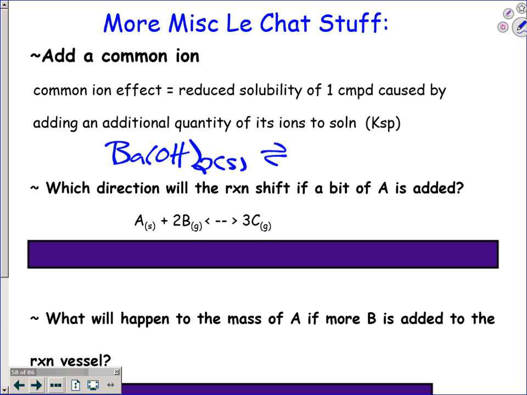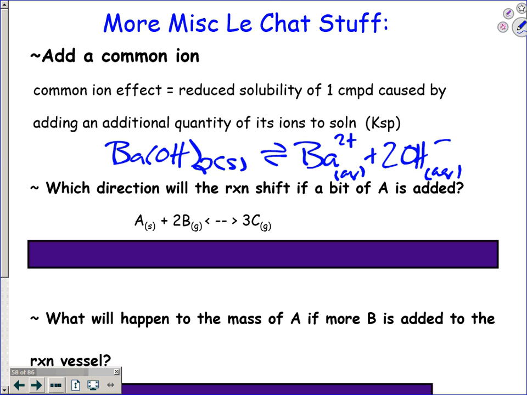solid, dissociating to 2 ions in their aqueous form, what I could do is limit barium hydroxide solubility by throwing a common ion into its equilibrium system.